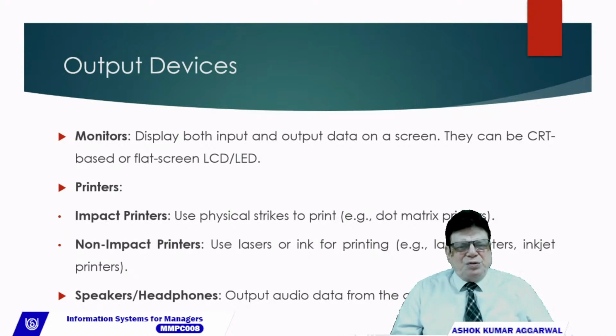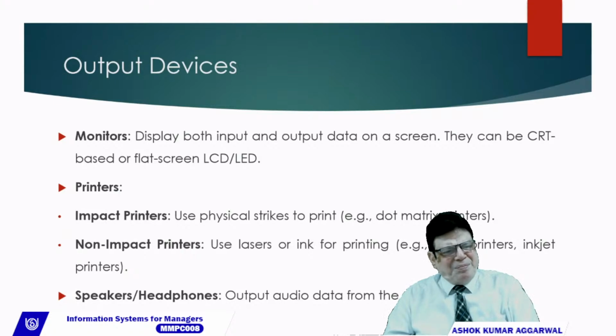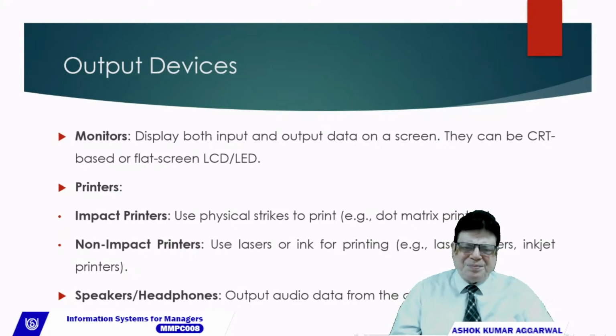Non-impact printers use lasers or ink for printing, that is laser printers and inkjet printers. Then speakers and headphones output audio data from the computer.